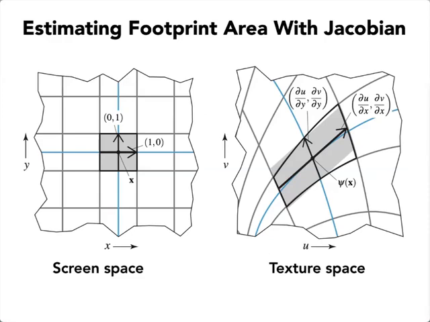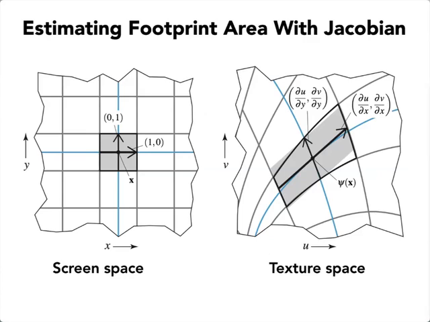Let me observe here, as a sort of more mathematical footnote, you can estimate the footprint area of this projection, if you think mathematically, via the mapping function. So if in screen space, there's a position, say vector X, say for XY position, and it maps into texture UV space via the mapping function psi that I defined at the beginning of last lecture, then psi of X will go somewhere in that space, and you can think of the differential change, right?